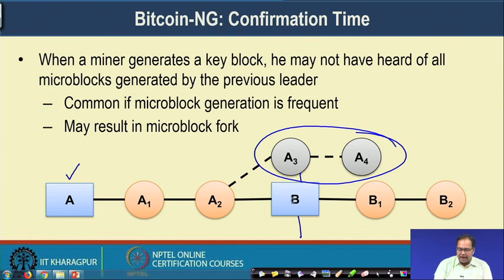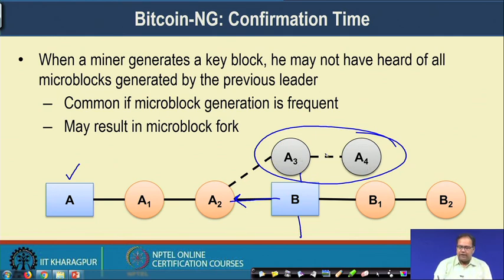So, B can generate a key block having heard up to, say, A2. Whenever B has heard up to A2, B connects its key block with A2, and after that it hears about the microblocks A3 and A4.